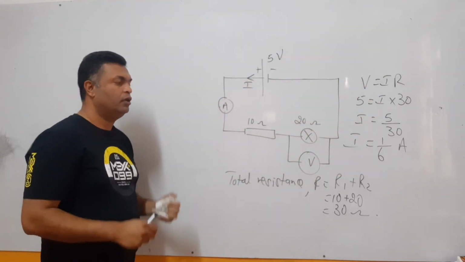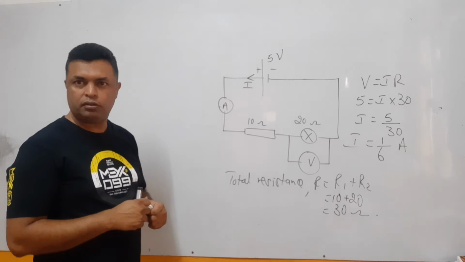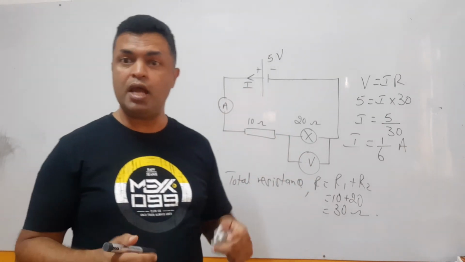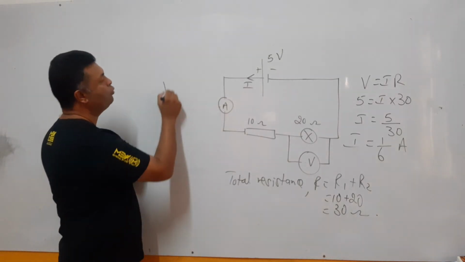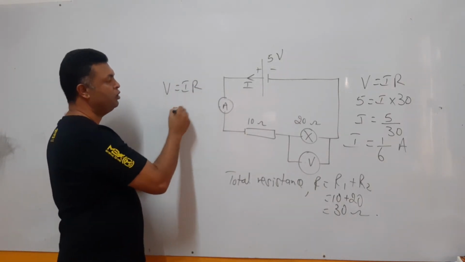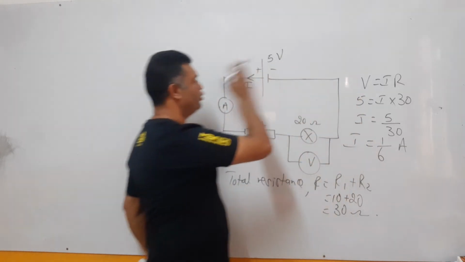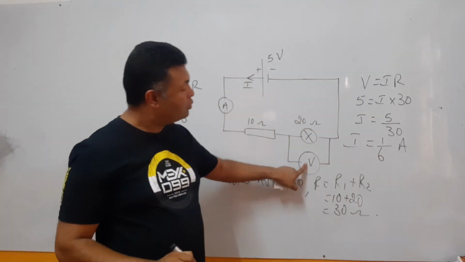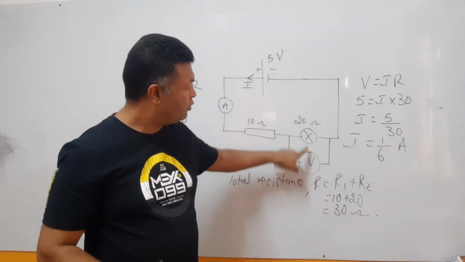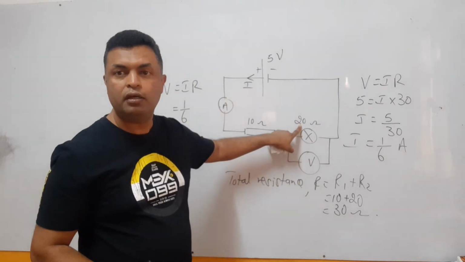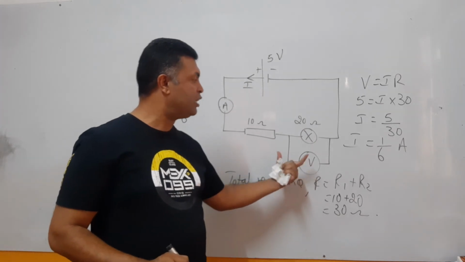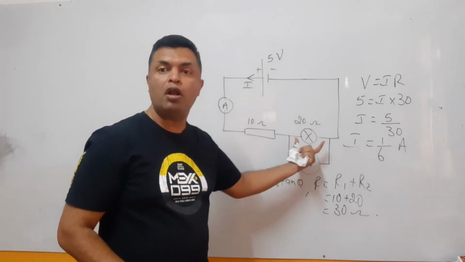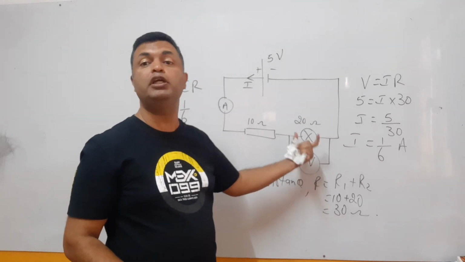Now, after calculating the current, you will be told to calculate the voltmeter reading. Now, you can use V equal to IR. The current is the same at all points, so 1 over 6 is the current. Now, the voltmeter is here. The resistance is only 20 here. So you can see the voltmeter is measuring the voltage, the potential difference across the bulb, and the bulb has a resistance of only 20 ohm.